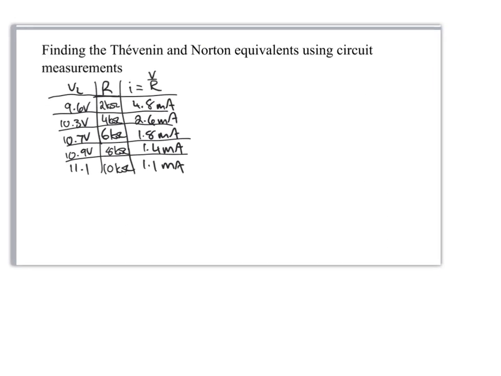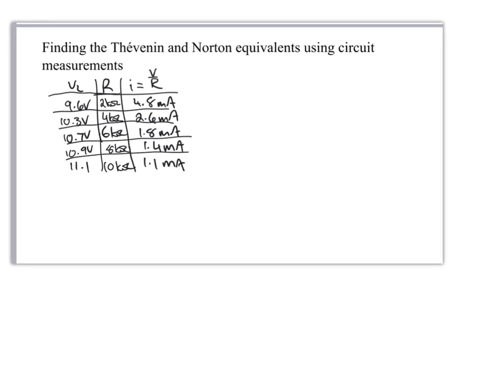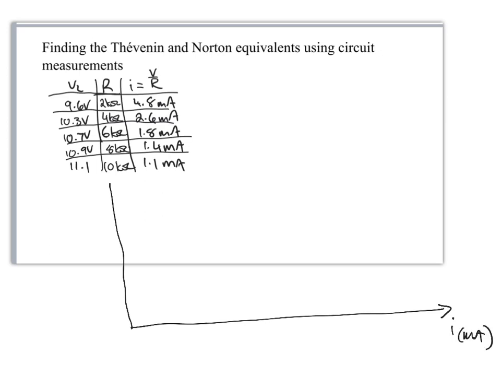Then we find the Thevenin and Norton equivalent by drawing a graph of those points. We are going to plot the voltage against the current in milliamps, and the voltage in volts, obviously.